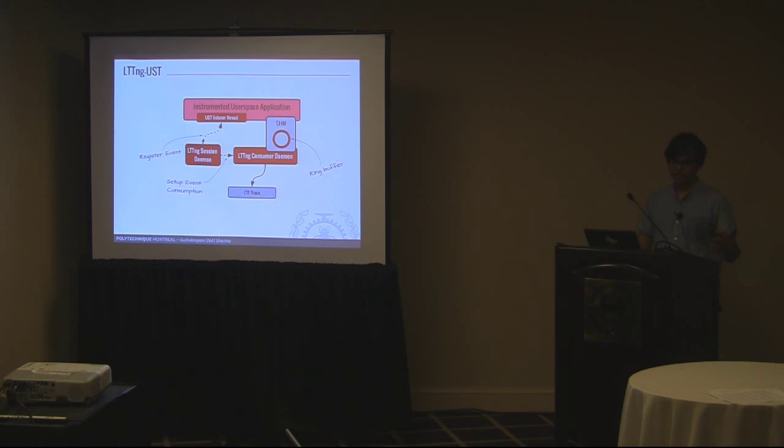Whenever an event is registered, the session daemon takes care of it and sets up an event consumption. Shared memory is created, and there's a ring buffer directly with the application, and every time data is generated, you can directly consume it and generate a trace or do much more with it. So we are interested in this part of LTTng.